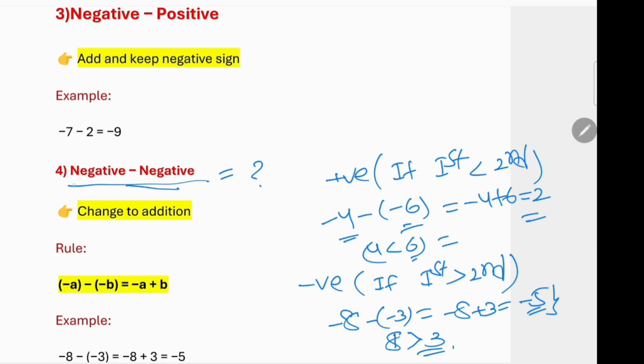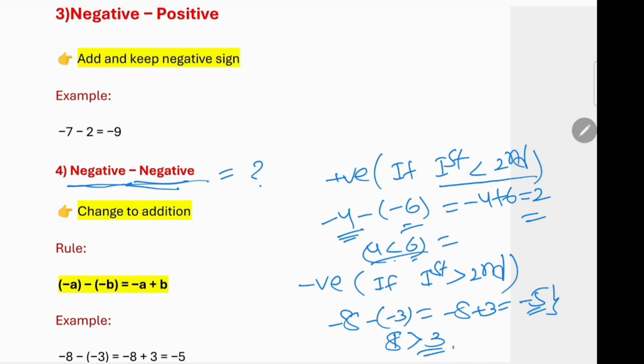Again I repeat, we subtract a negative number from a negative value. We get two answers. We get a positive value if the first number is less than the second number. For example, minus 4 minus of minus 6 is equal to minus 4 plus 6 is equal to 2, because here the first number is less than the second number.